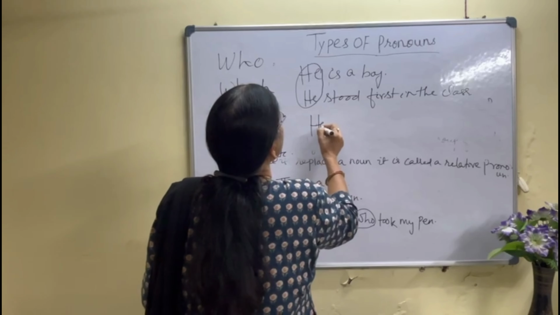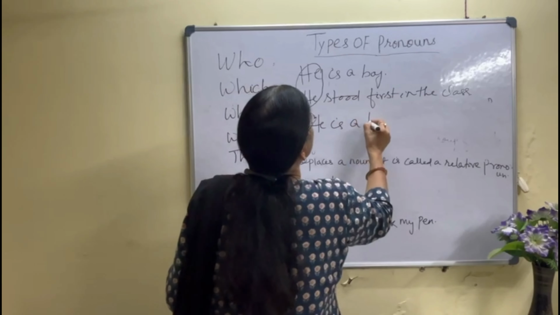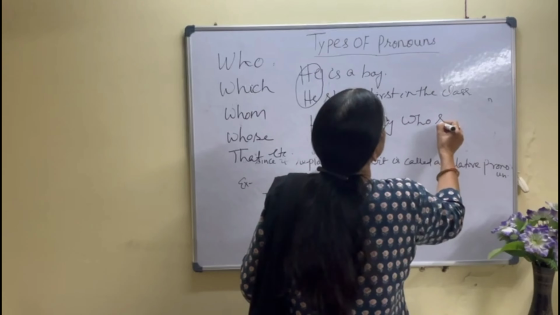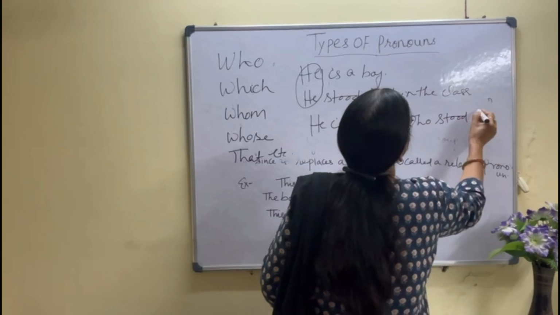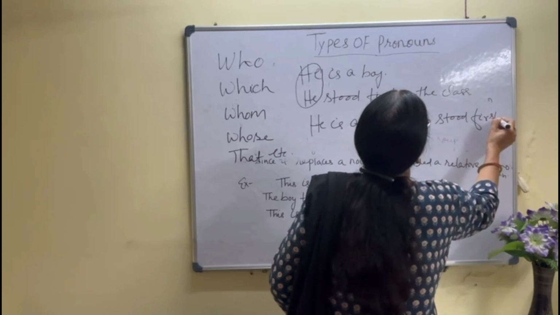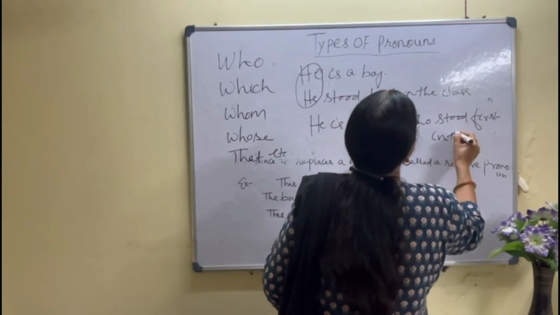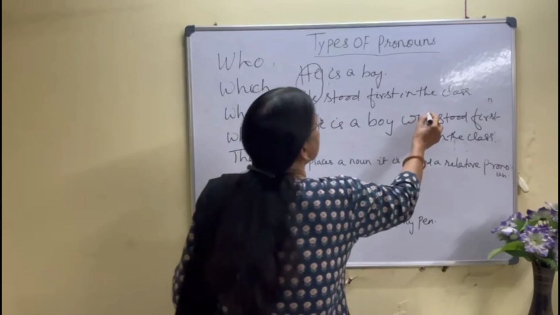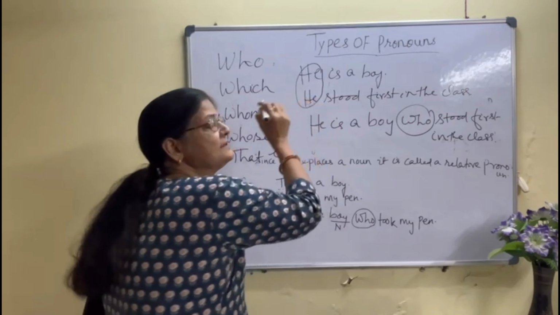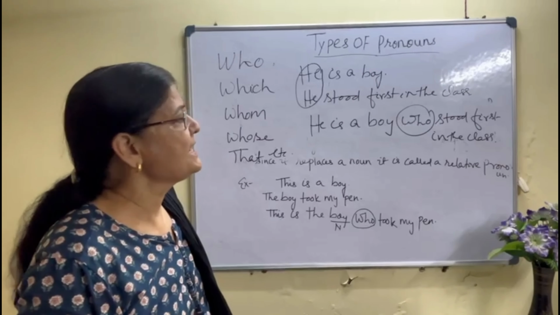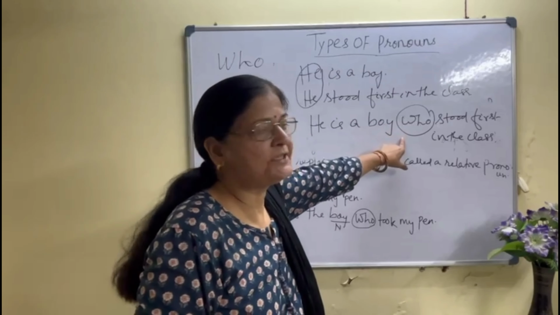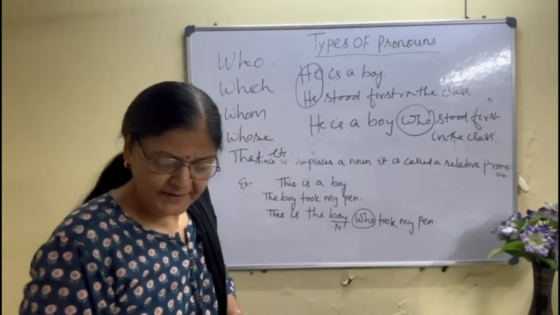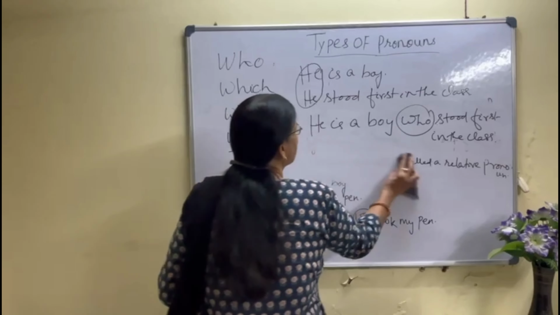He is a boy who stood first in the class. This who has replaced the pronoun he, and it also acts as a joining word and also as a relative pronoun.